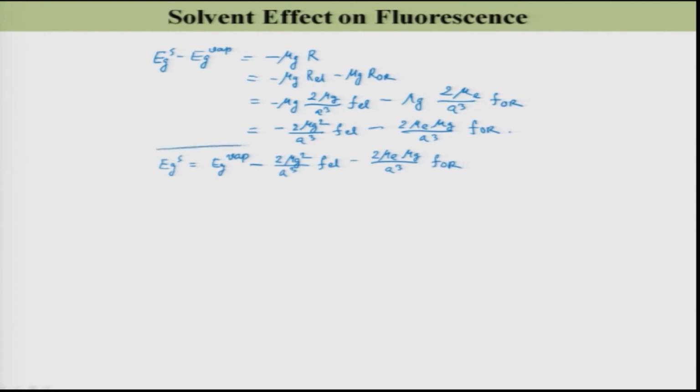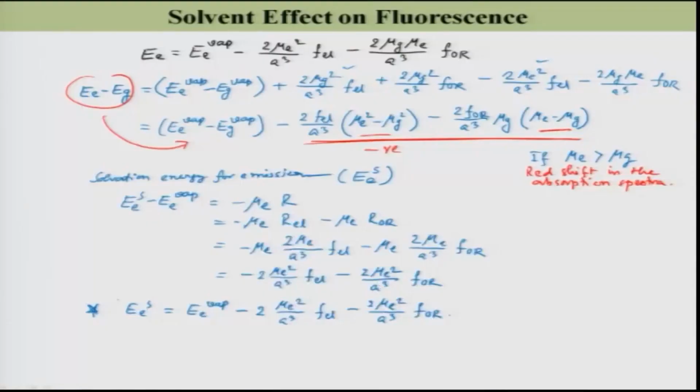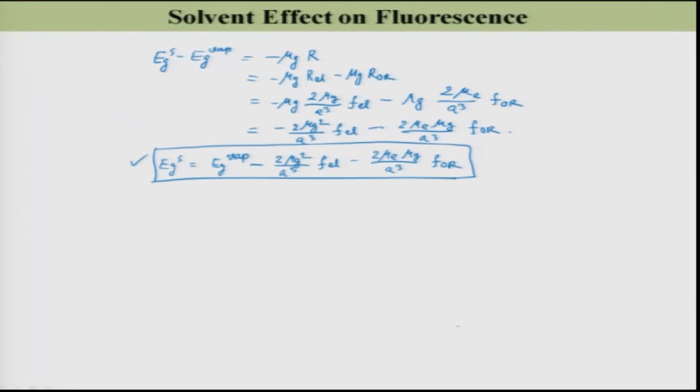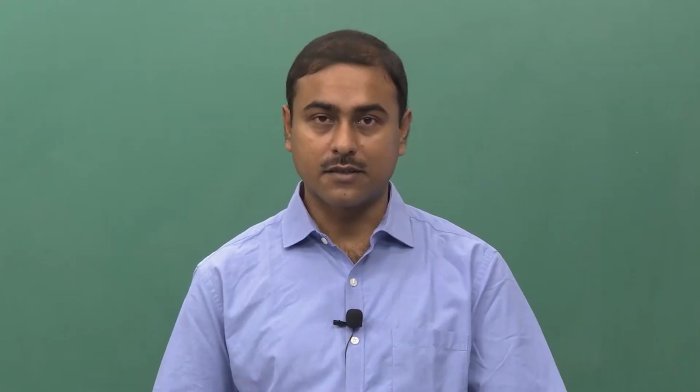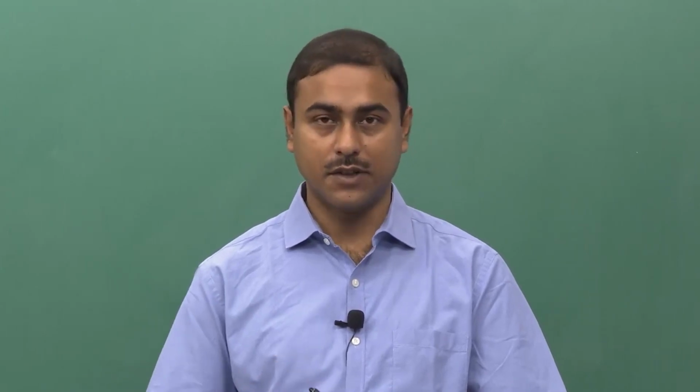So, I also got this equation. I got this EGS, that is, after emission, the energy of the ground state. I got this EES before emission, but after stabilization, the energy of the excited state, and that is it. With these equations we will continue in the next lecture about the energy of this emission. Thank you very much.